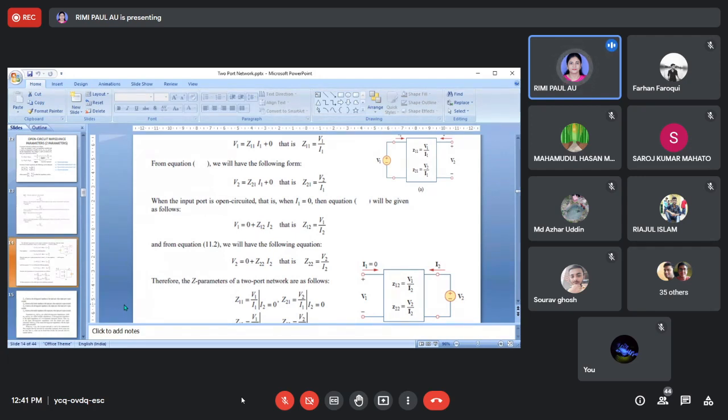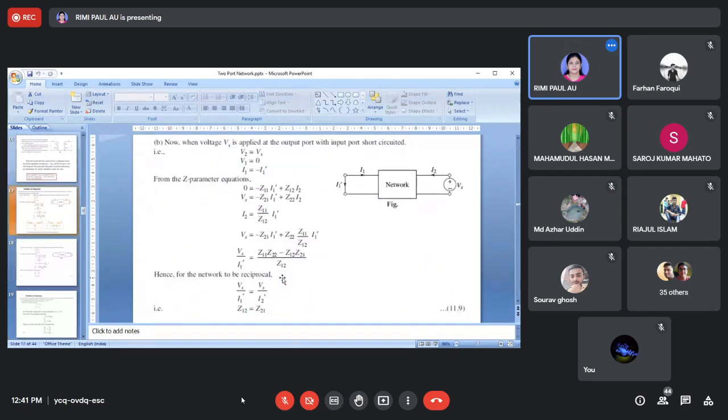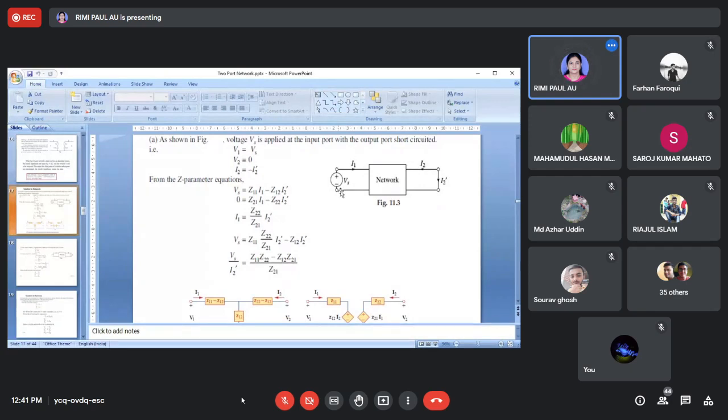So if I take the ratio of excitation by response, suppose Vs is our excitation and I am getting the current response in the output port.